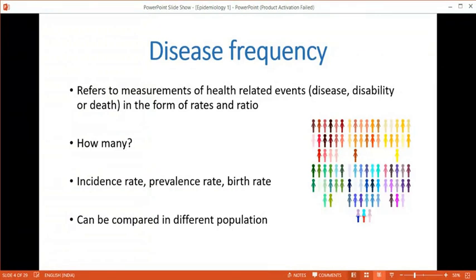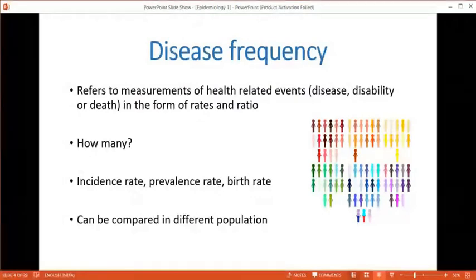It can be a percentage, it can be a rate, however we want to express this. Usually the examples for these are the incidence rate, prevalence rate, birth rate, death rate, vaccination, the proportion of the people who have taken vaccinations, how many people are having diabetes, the prevalence. All these will be included in the disease frequency.